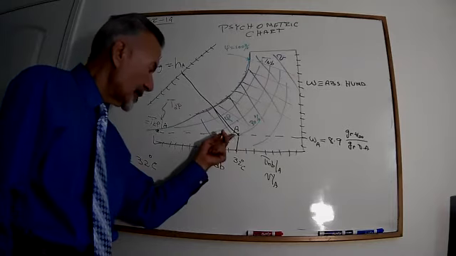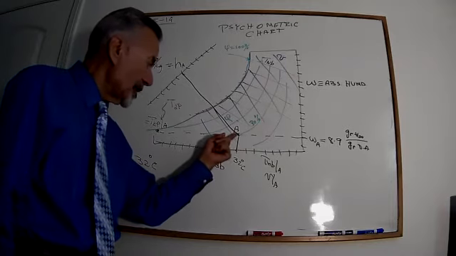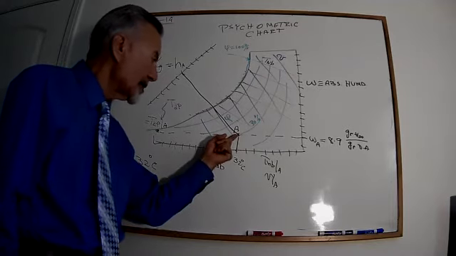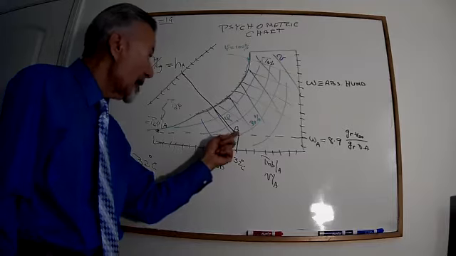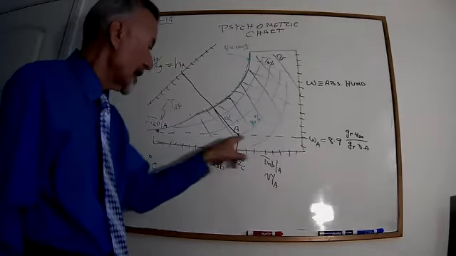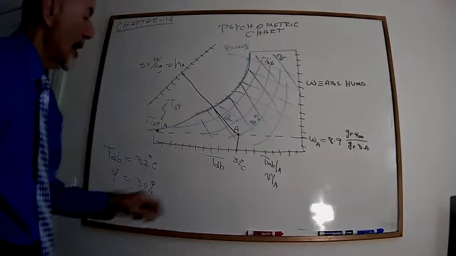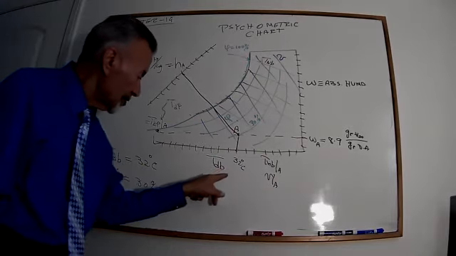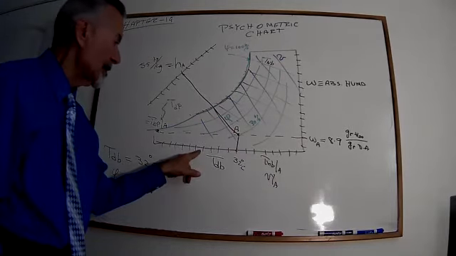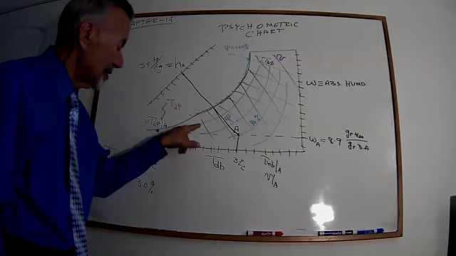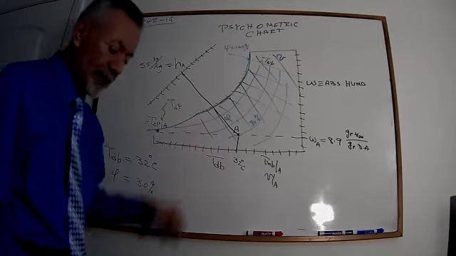Now, why do we do this? This is our point. These are the conditions for that point. Now, what do I want? I want to bring this to 20 degrees Celsius and higher relative humidity.